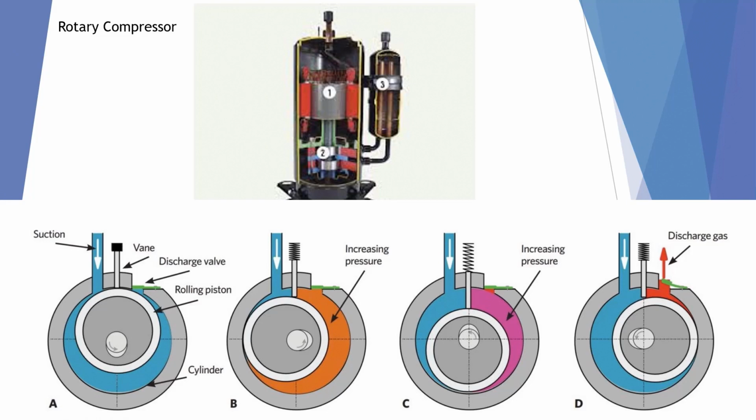In that accumulator, it has a screen so that any liquid coming back to the suction line is going to be dissipated and will boil off before being sucked into the compressor. So the rotary is a very good design for any kind of hard operation such as the heat pump, and the numbers show that there are very few failures on rotary compressors in heat pump applications.